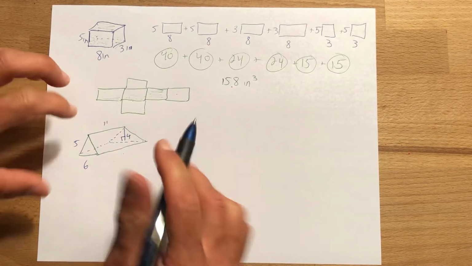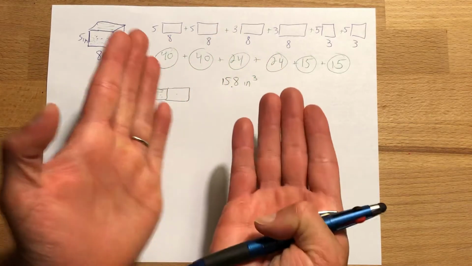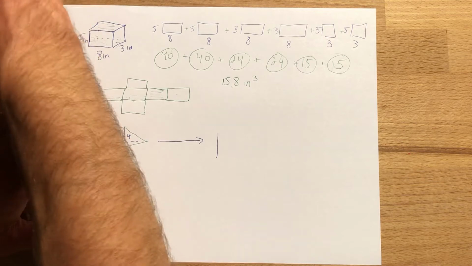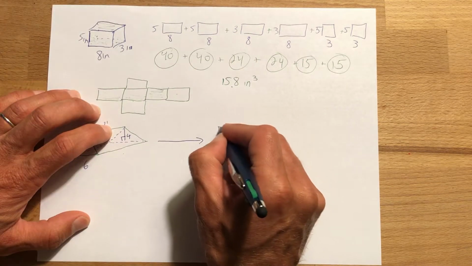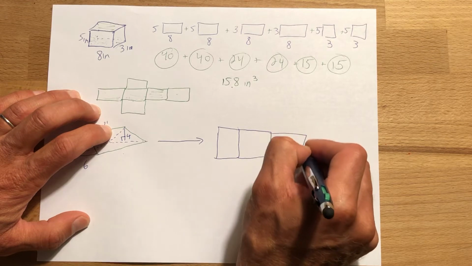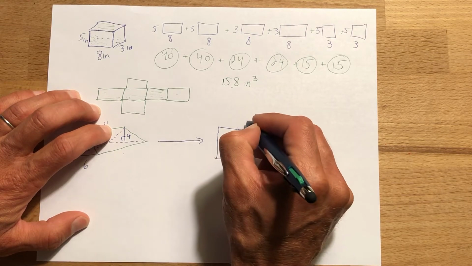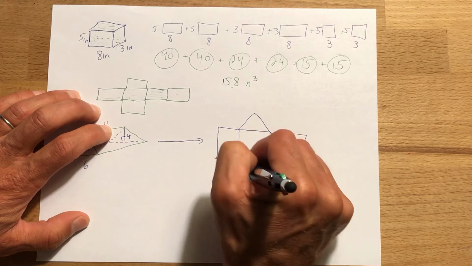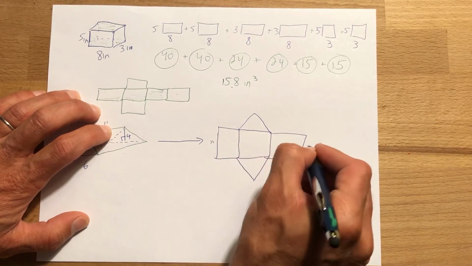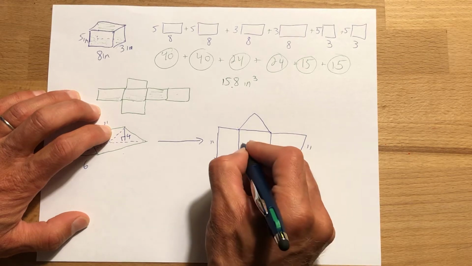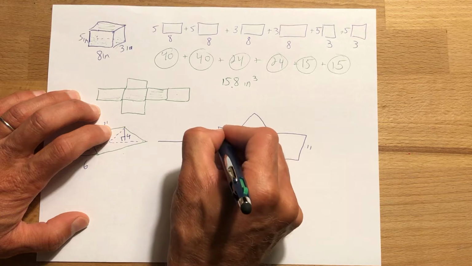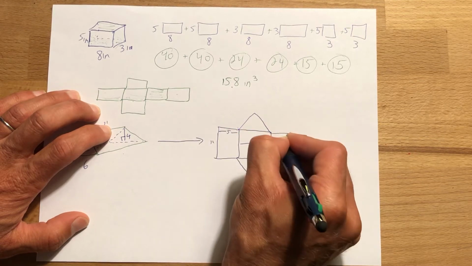And then what I did is I technically took this and unfolded it, and I showed you kind of what this looks like if it's unfolded. It looks something like this, where this is 11, this is 11. The distance from here to here is 6. The distance from here to here is 5, and this is 5.